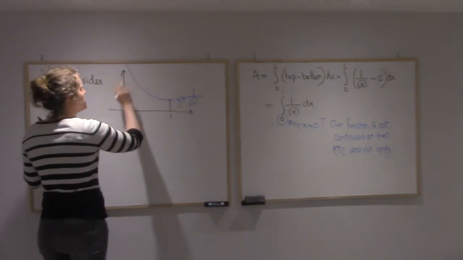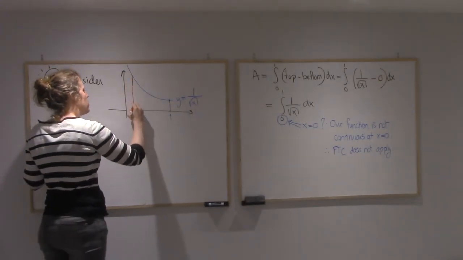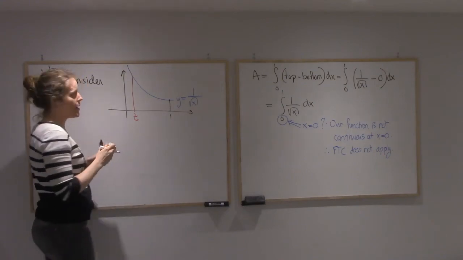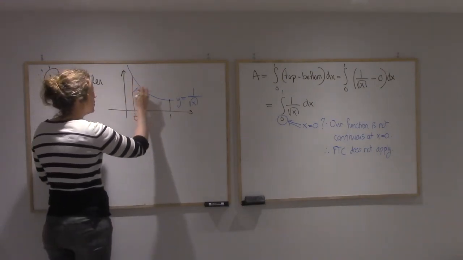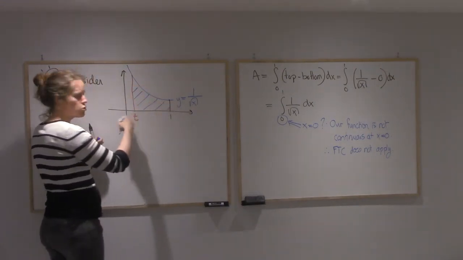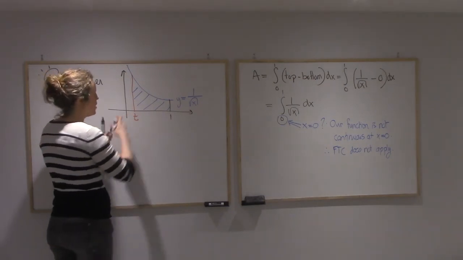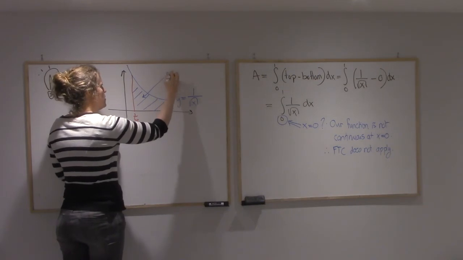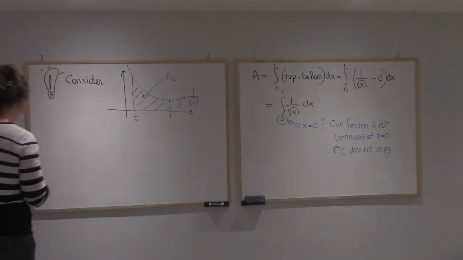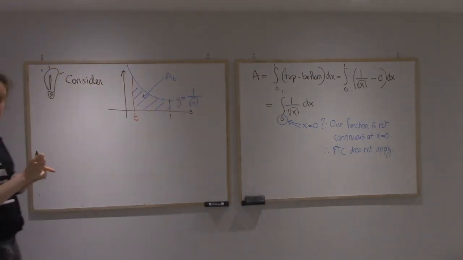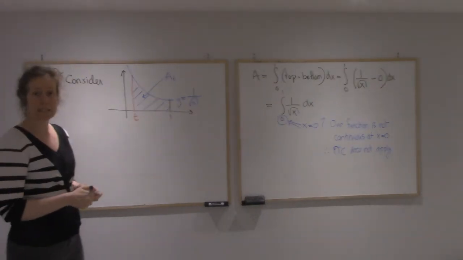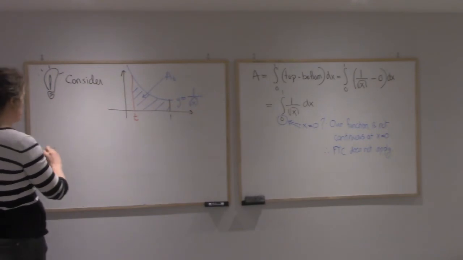But here, I don't want to go to the asymptote because I want to be able to use FTC. So I'm going to stop at t. This area, which is truncated, a bit shorter, I'm going to call AT. So let me compute AT first, and then I'll look at what A should be.